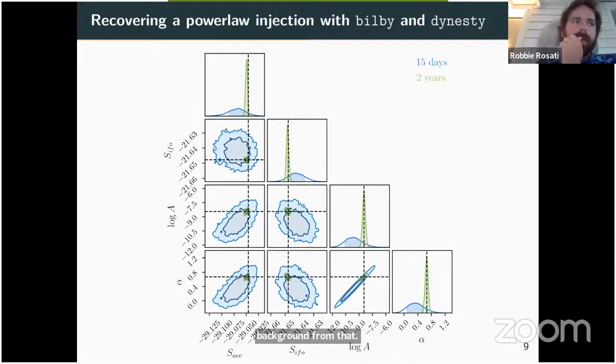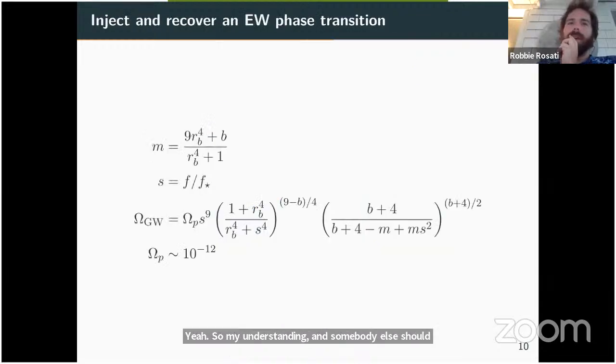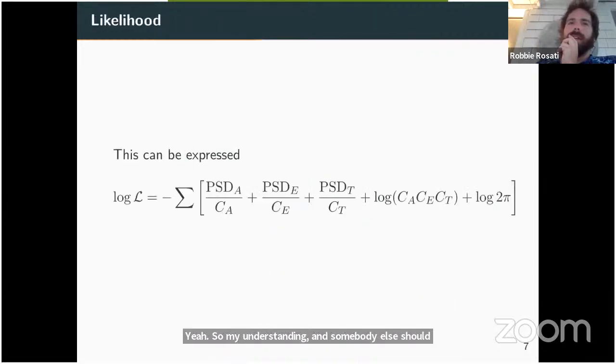My understanding, and somebody else should chime in if they know better, is that this likelihood isn't valid anymore because the A, E and T channels now have correlations if the instrument's not stationary or if it's not equal arm. But the T channel should still let you disentangle the signal and the instrument response, I think.